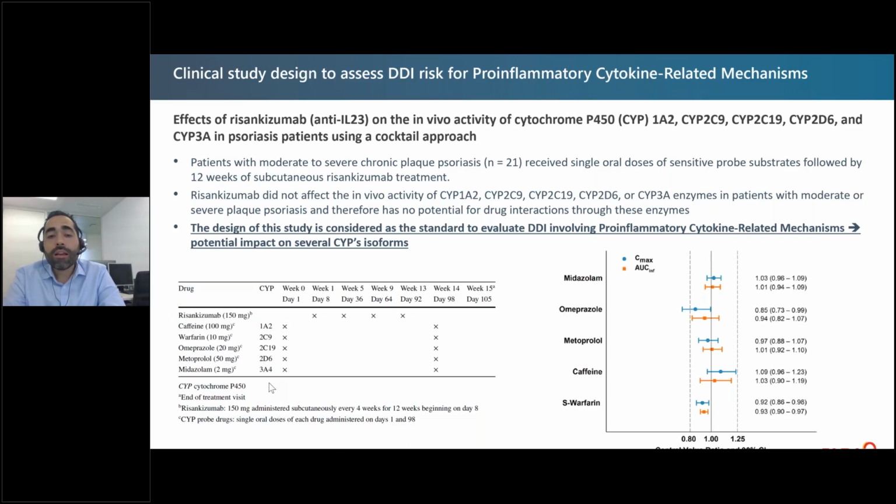And then at the last day, we re-administer the cocktail of the probes and assess the PK of these probes. You can see in terms of analysis, in this forest plot, that we are investigating the ratio between after the treatment and before the treatment. And you can see in this example that there is no clinically meaningful DDI.